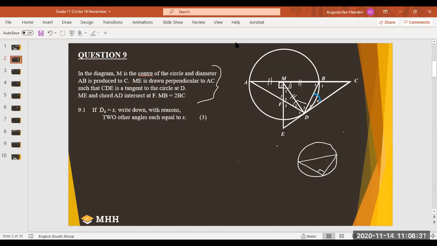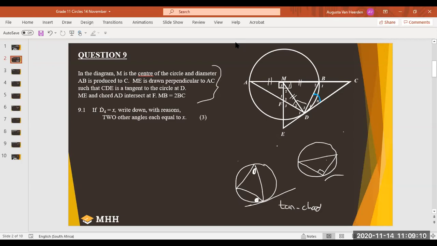If I hear the word tangent, there are two things I'm thinking of. The tangent always has two options. The one is the tan-chord theorem, meaning if there's an angle between the tangent and the chord, a chord being any line that's not a diameter, this angle will be equal not to this line, but to the angle in the opposite segment.